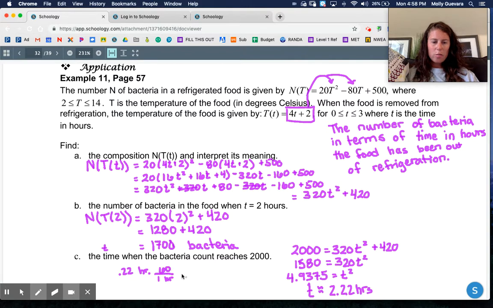So if you multiply 0.22 times 60, I get 13.2. So 2 hours and about 13 minutes. Or I'm okay if you just leave it 2.22 hours.